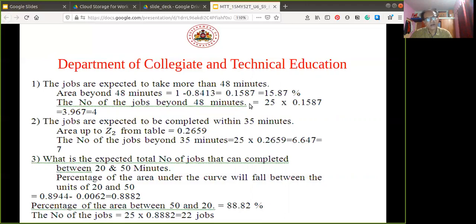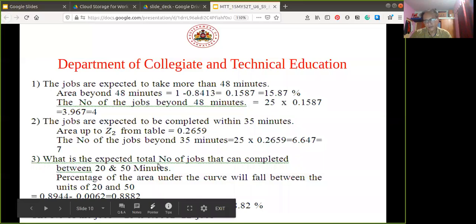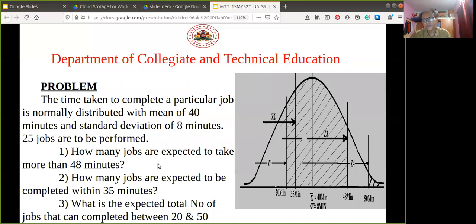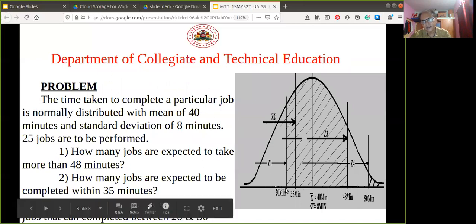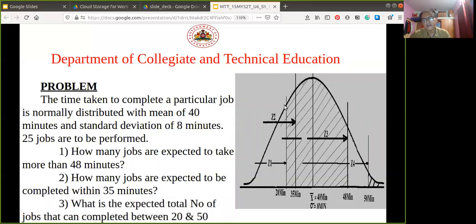Then what is the expected total number of jobs that can be completed within 20 to 40 minutes? You can see in the graph, 20 to 40 minutes, see here. So this is the area. This is 20 and this is 50. The area will start, you can see the cursor here, the area under this curve like this.